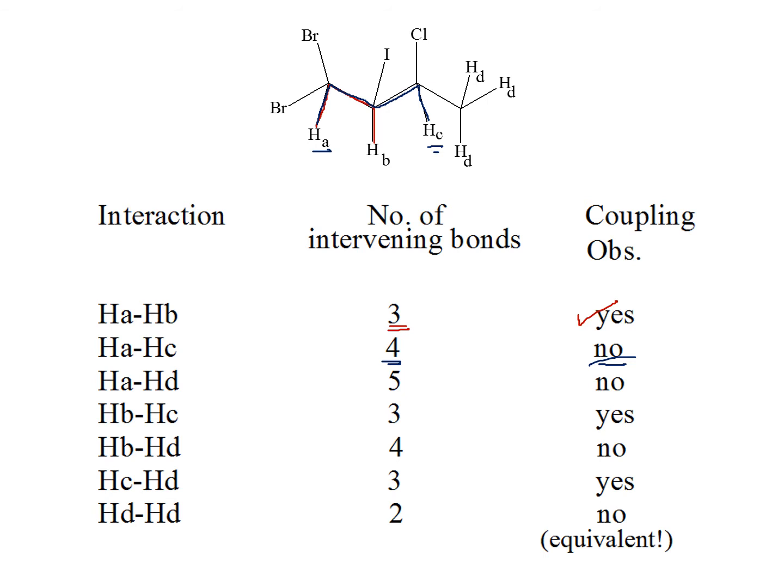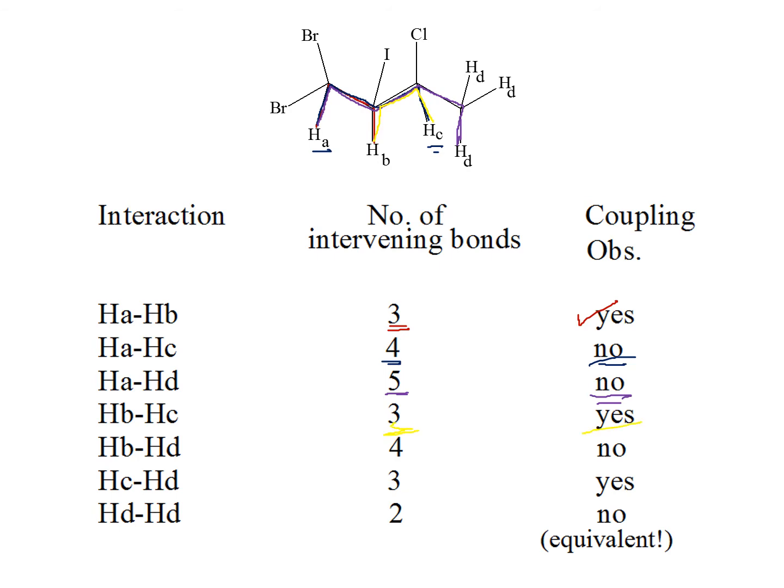HA and HD, 1, 2, 3, 4, 5. 5 bonds, no coupling. B and C, bonds 2, 3.